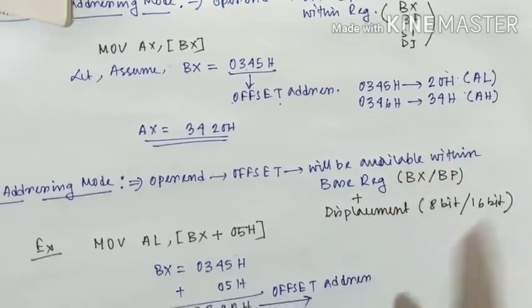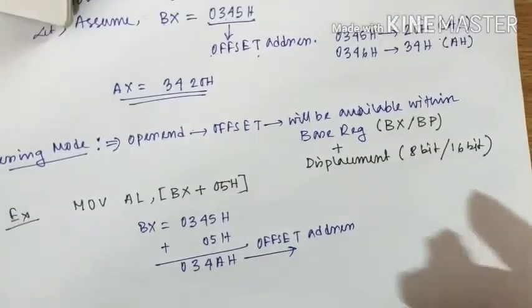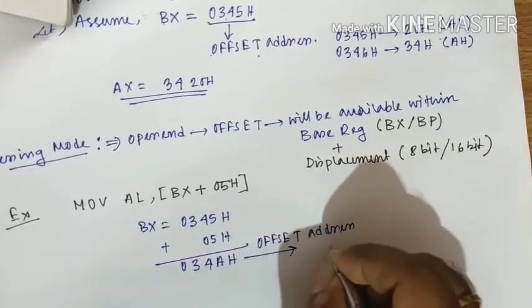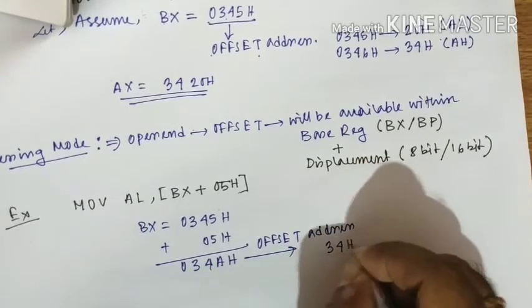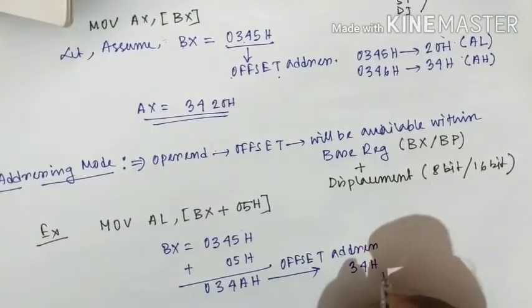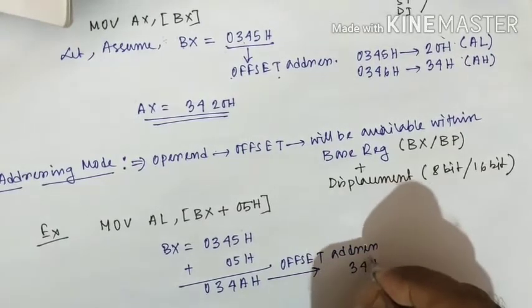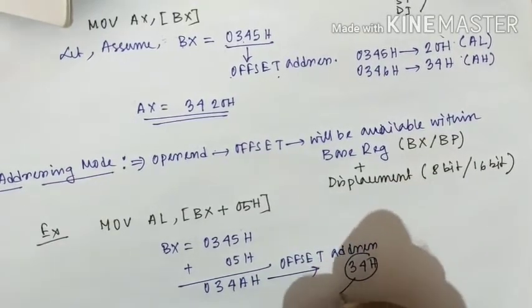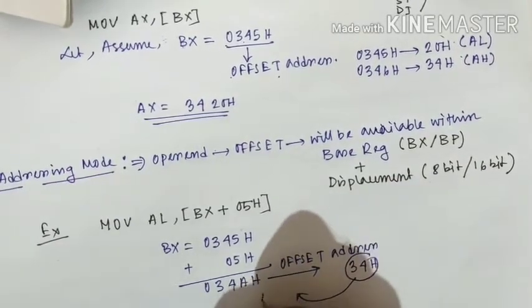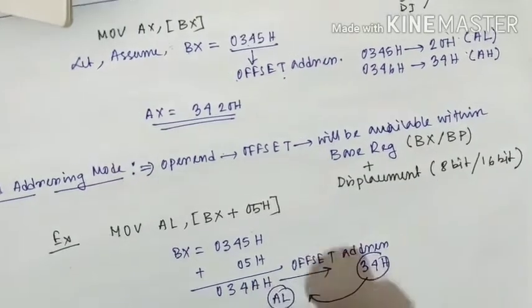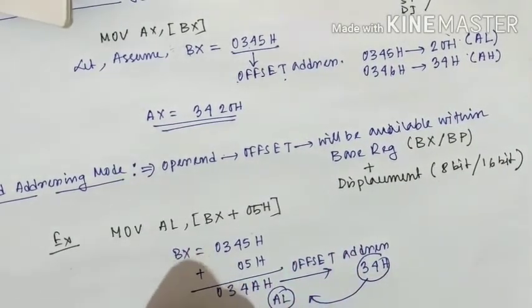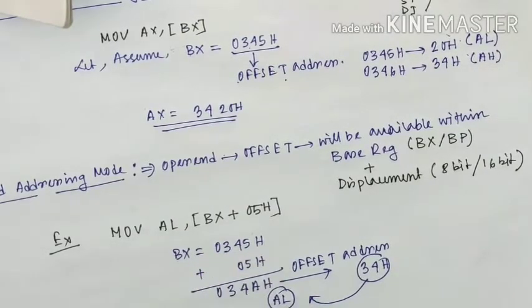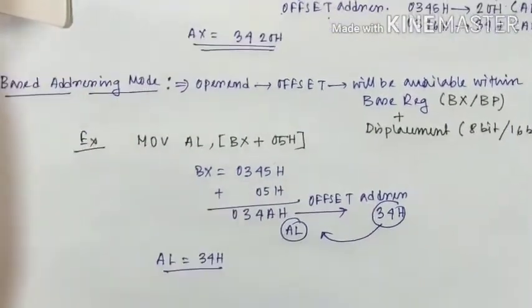That address should contain 8-bit data, suppose 34H. So this 34H will be moved into AL. So the final value of AL is right now 34H. Hopefully we can understand how it works.